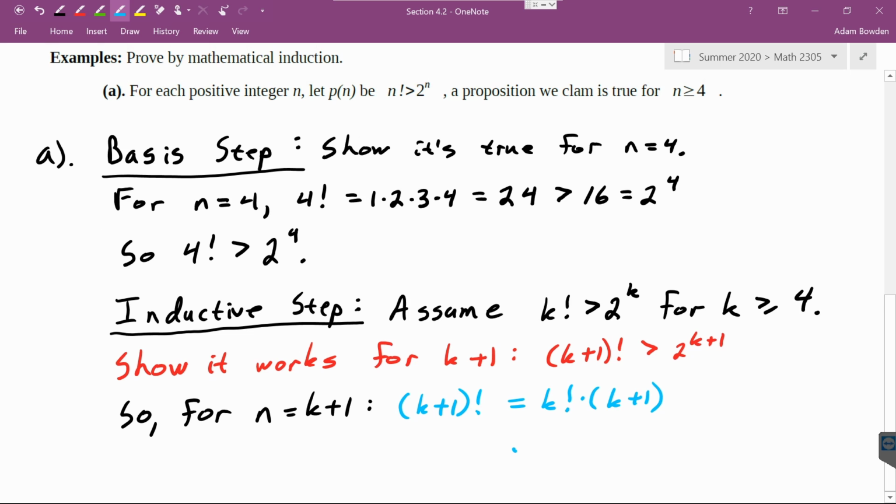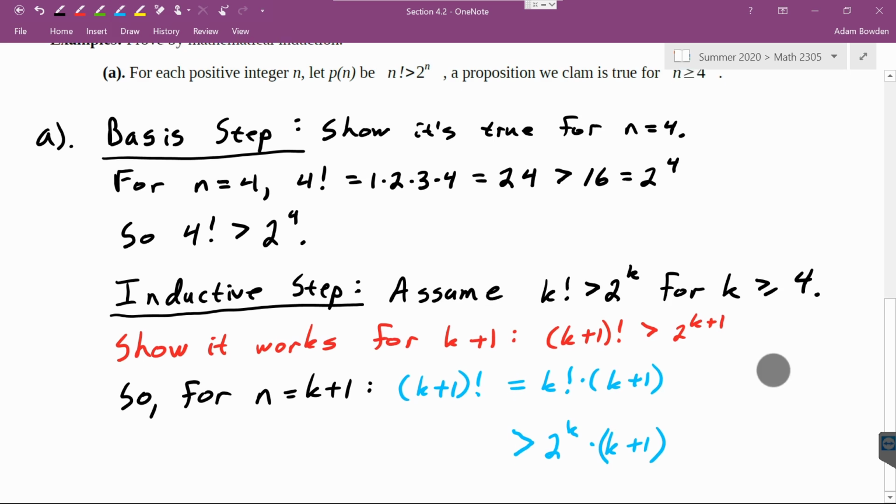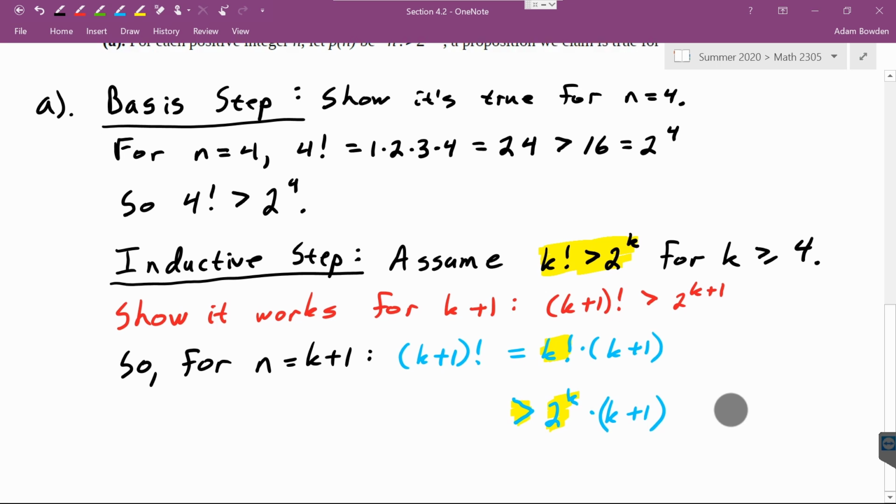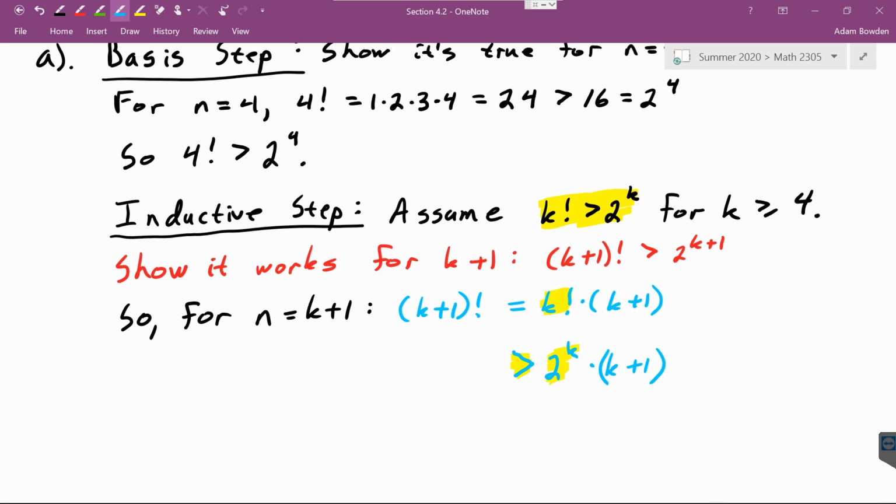And we know that that has to be greater than 2 to the k times k plus 1. And the reason why we can say that it's greater than that is we assumed that k factorial is greater than 2 to the k. So we see here k factorial is greater than 2 to the k power, so we can make that assumption here for greater than.